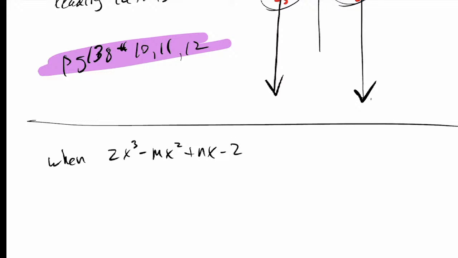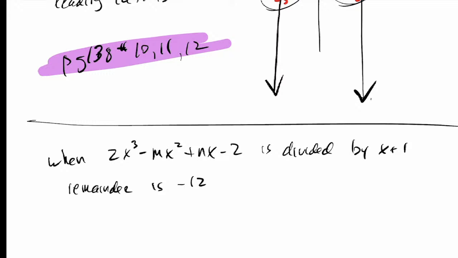So when this polynomial is divided by x plus 1, the remainder is negative 12, and x minus 2 is a factor.